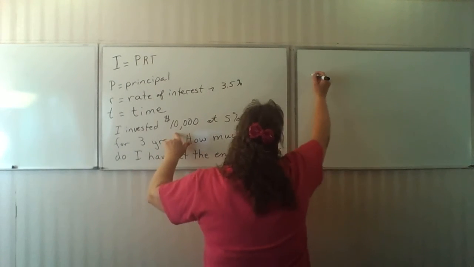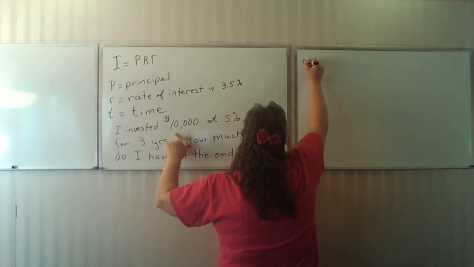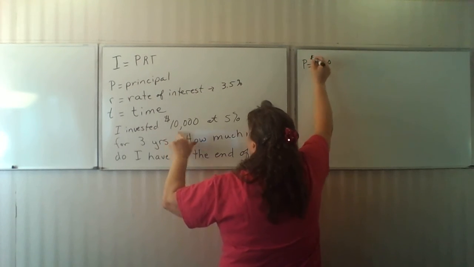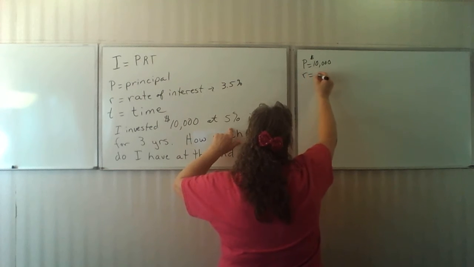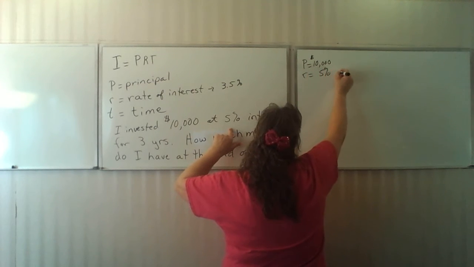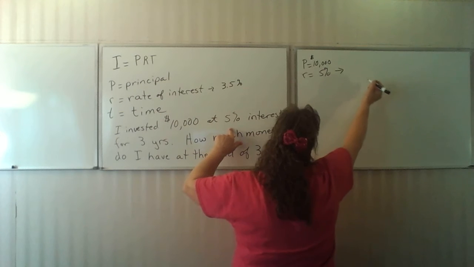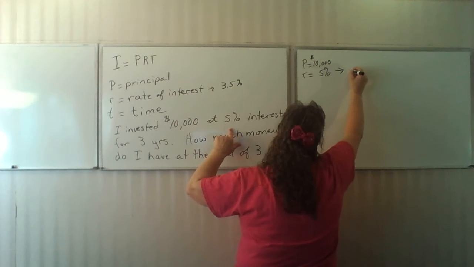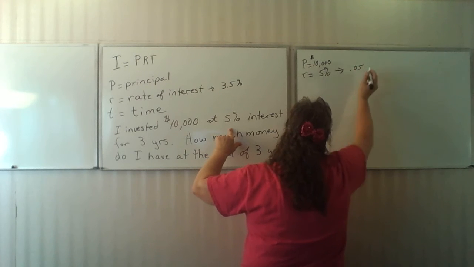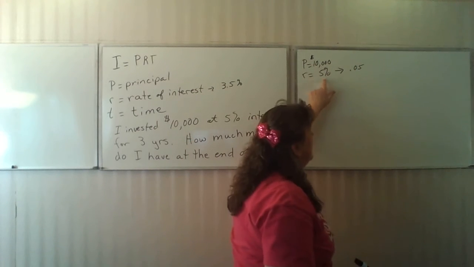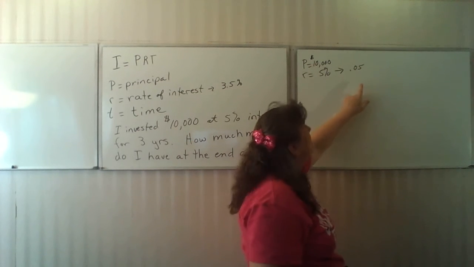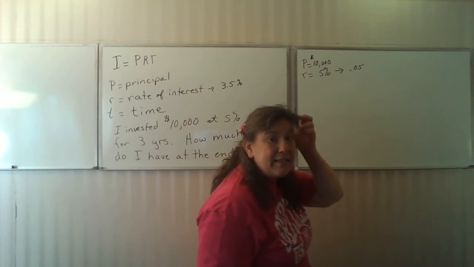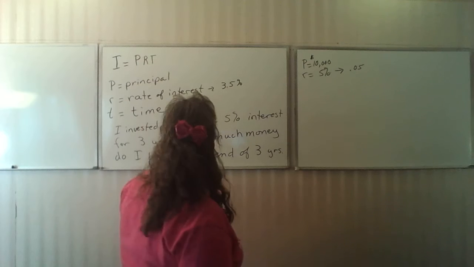My principal is $10,000, so P equals $10,000. My rate is 5%, which we're going to change to a decimal, which means we divide that by 100, which gives me 0.05. When you move from percent to a decimal, you move your decimal 2 places to the left, and that's the same thing as division by 100.